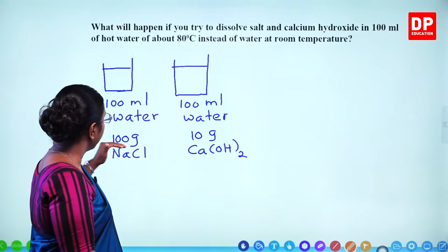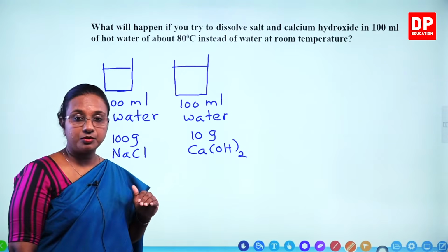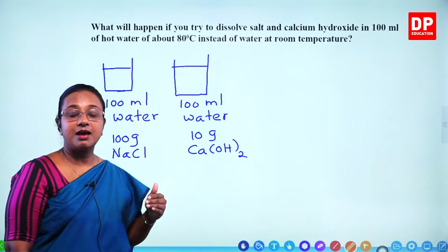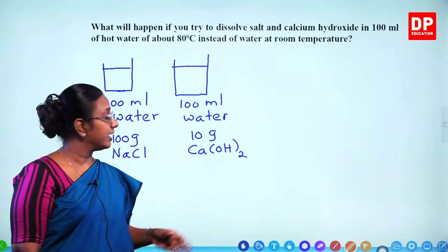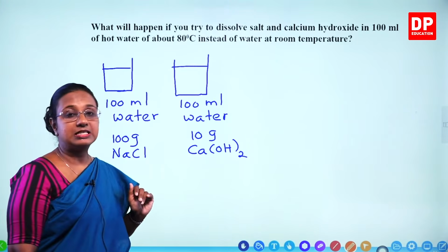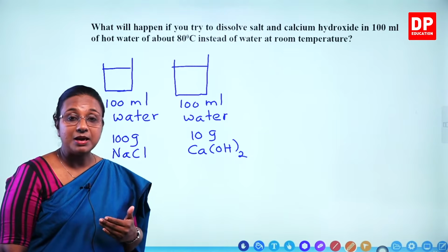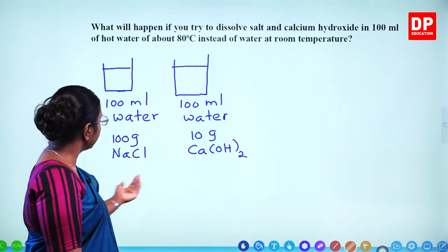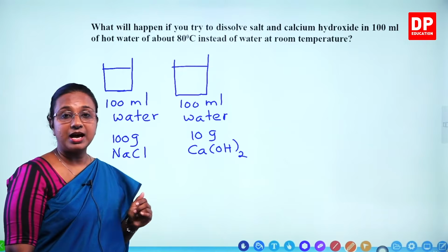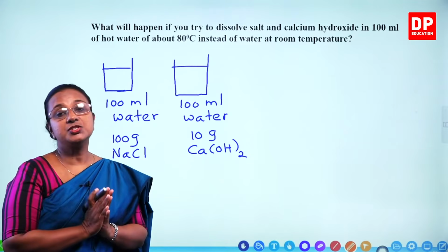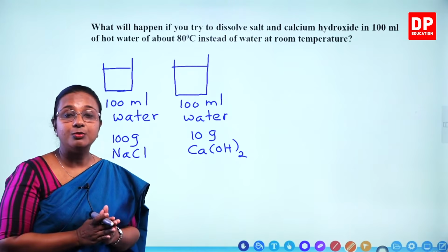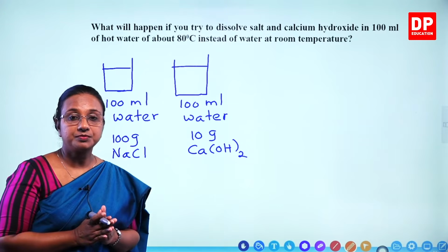So, we took 100 grams of sodium chloride but only 10 grams of calcium hydroxide. Even from that, there was a lot of calcium hydroxide remaining, whereas a lot of the sodium chloride dissolved in water. So, from this observation, what can we conclude?